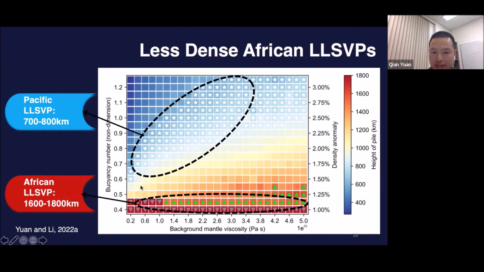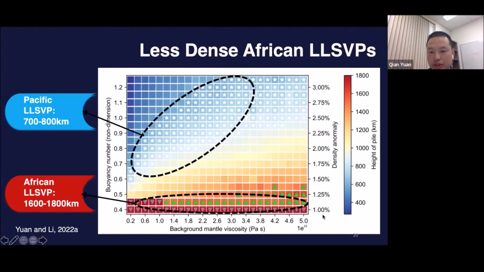As we can see, although there is a large overlap in background mantle viscosity, it seems very clear that the Pacific LLSVP domain lies above the African LLSVP. That suggests the African LLSVP may be relatively lighter compared to the Pacific LLSVP, because there is a density buoyancy gap between them.